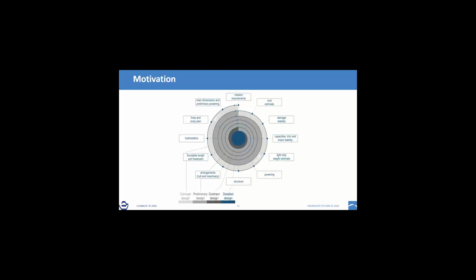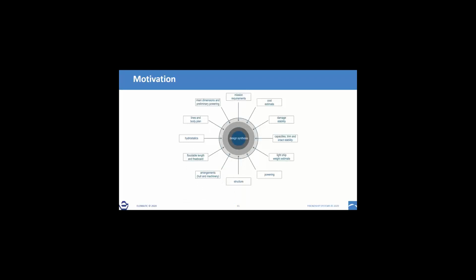Typically, as shown by this design spiral, you go through these things iteratively, step by step, refining your design, adjusting things, checking again, and so on, until your design finally converges to a state where you fulfill all the requirements from all these different disciplines.